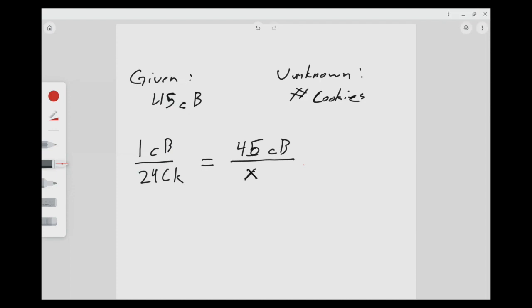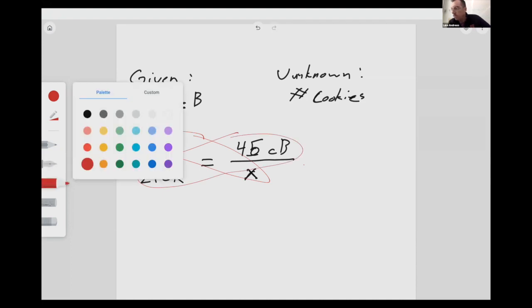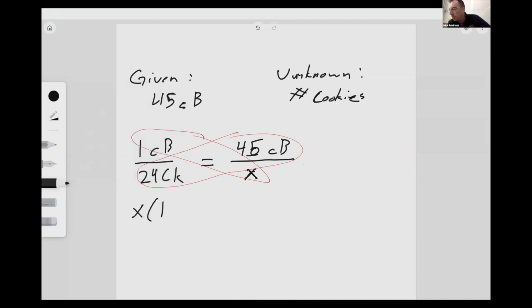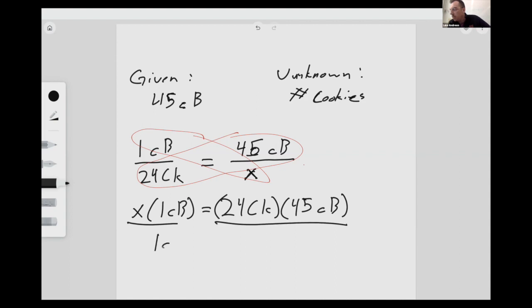Cross multiply. Right. I just set up a cross multiplication problem is all. So we're going to multiply this. We're going to multiply this. So let me do that cross multiplication and set it up. X times 1 cup of butter equals 24 cookies times 45 cups of butter. Okay, so now to get X by itself, I've got to multiply or divide both sides by cups of butter.